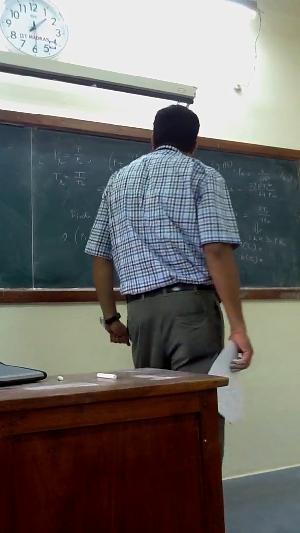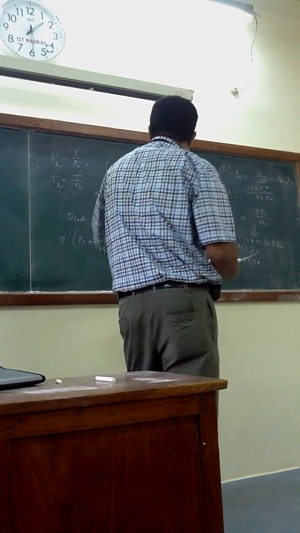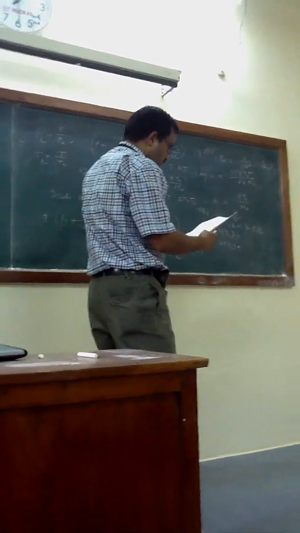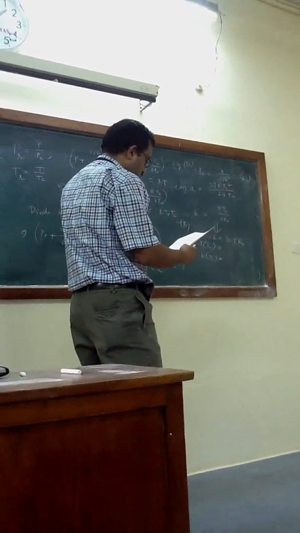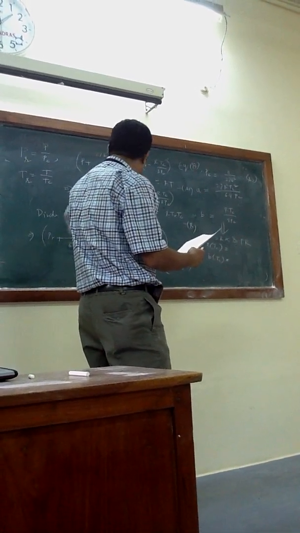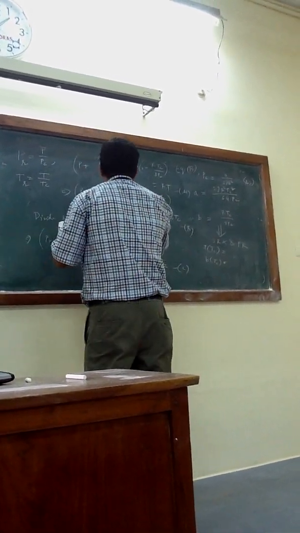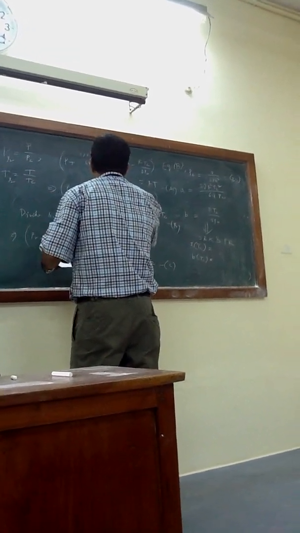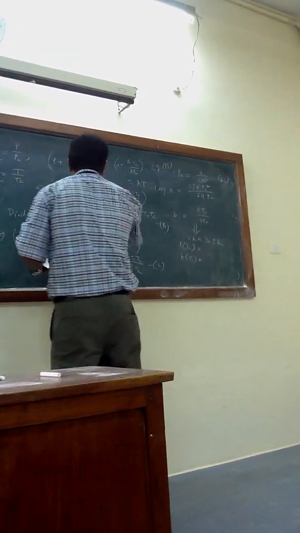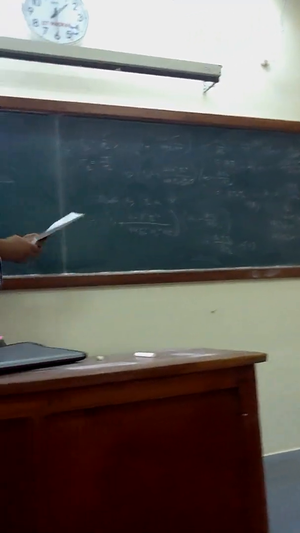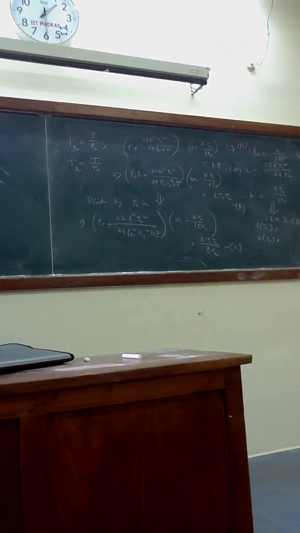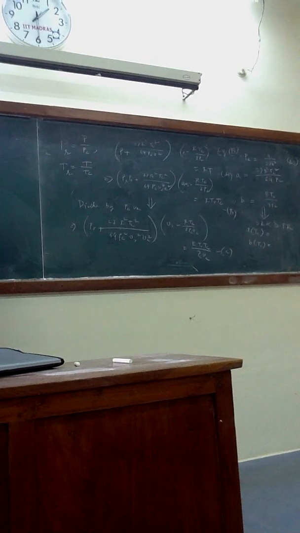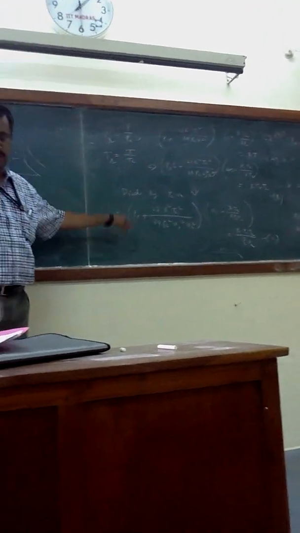The first term is PR Pc, 27 R square Tc square by 64 Pc VR square Vc square. Just a minute. Correct? Okay, this is agreeable or not? Agreeable, right? Next step.